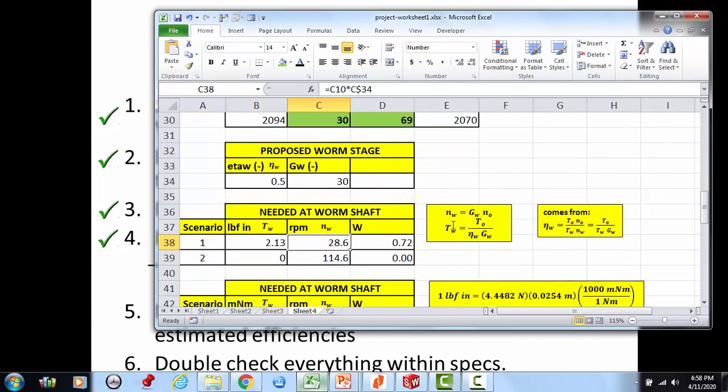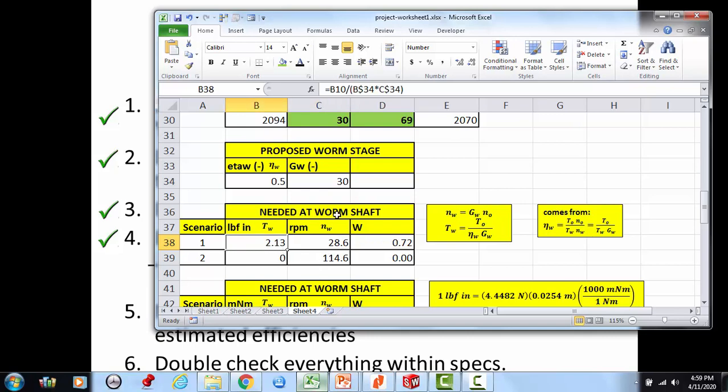So that's going to give us 28.6, which would be the 30 times the roughly 1. And then the 3.8 times 30 is going to be about 114. So those are our speeds based on just the definition of the gear ratio. It's going to be the speed of the worm.